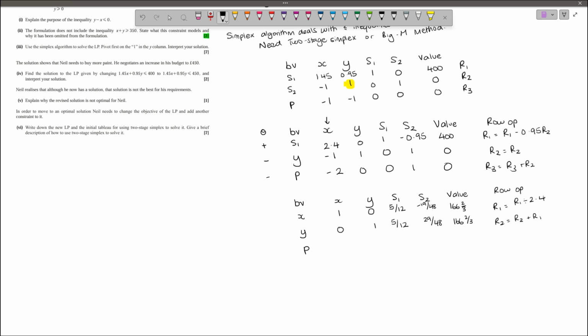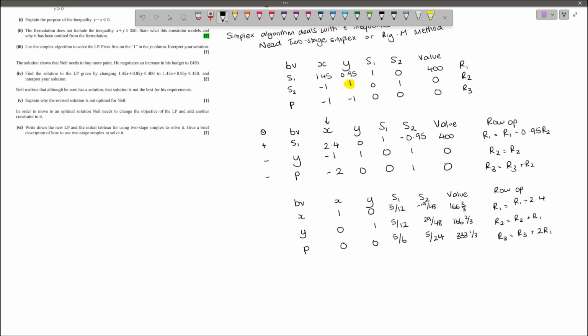And finally, my objective row. I need to add 2 lots of my pivot row to it. So my new row 3 is equal to my old row 3 plus 2 lots of my pivot row. I'm going to get 0, 0, 5, 6, 5 24ths, and 333 and a third.